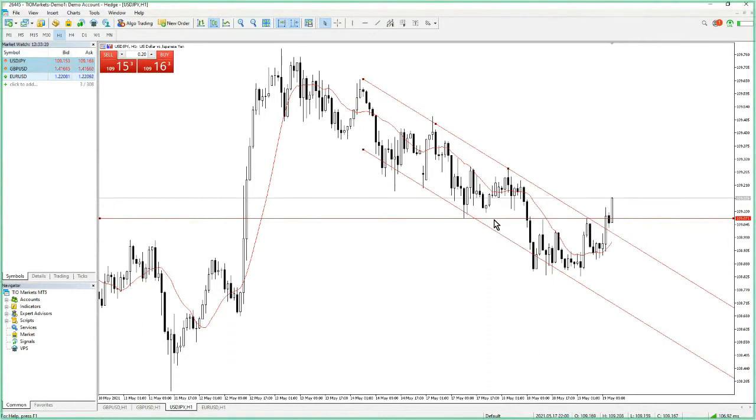So you might notice after some time that there is no such thing as an exact resistance or support level, but they are zones, like here. The market found support there and here, and then the same area acted as resistance.